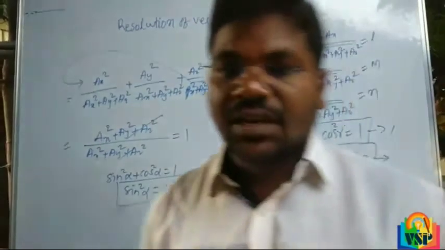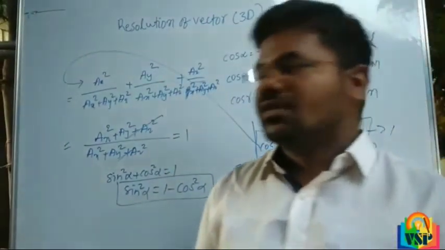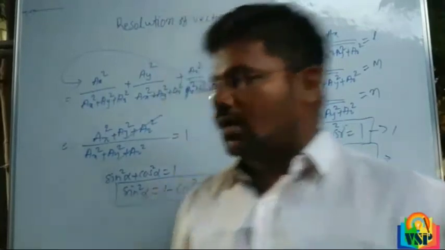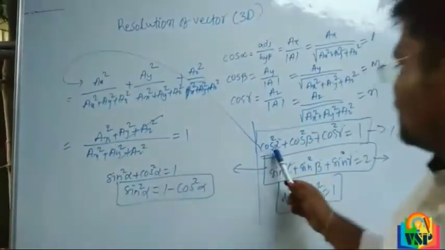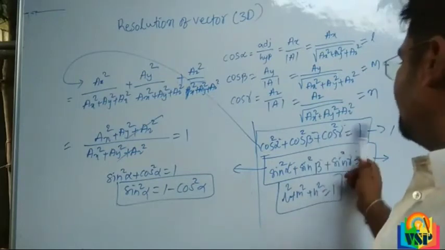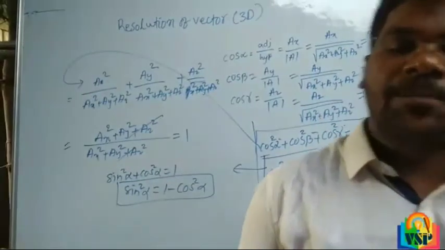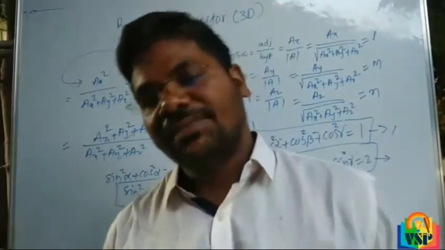See here, this resolution of a vector in space, the formula is very, very important: cos square alpha plus cos square beta plus cos square gamma is equal to 1. These two formulas are very, very important for our plus one physics and mathematics. Analytical method.